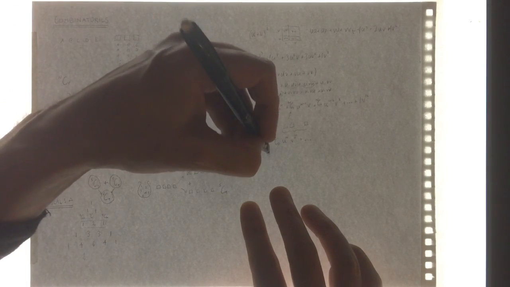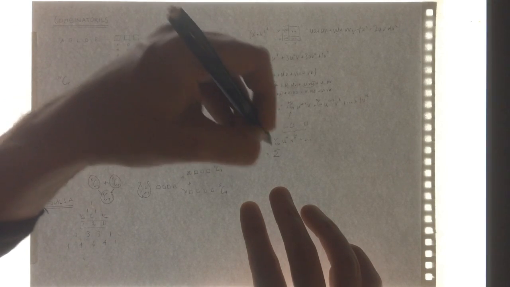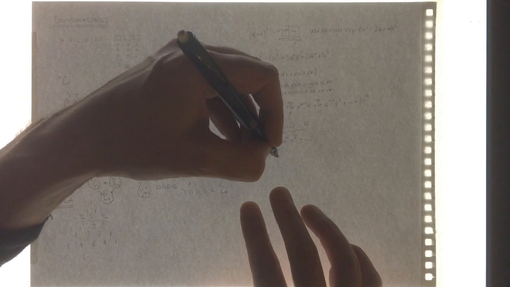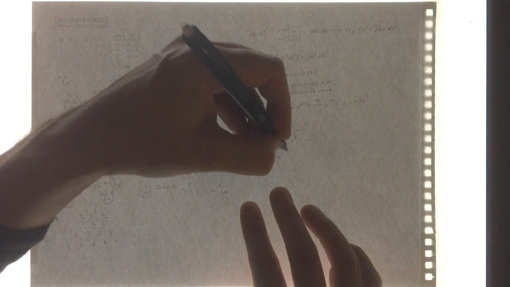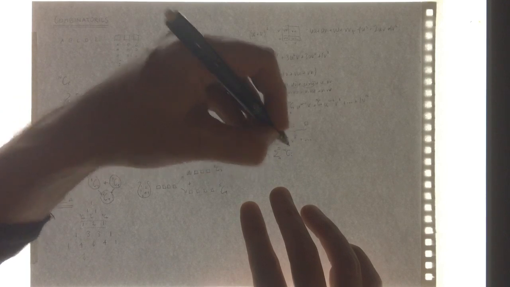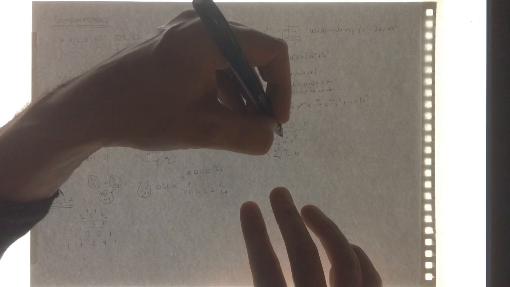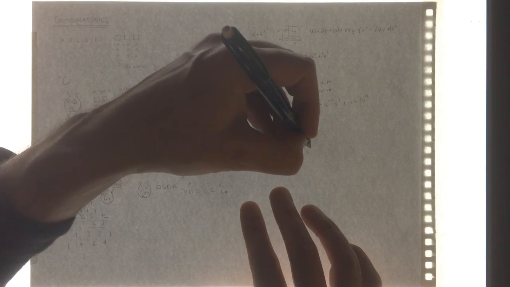So we could write that in sigma notation if we like, just to show off. Sum from 0 to n, n choose i, u to the n minus i, v to the i.